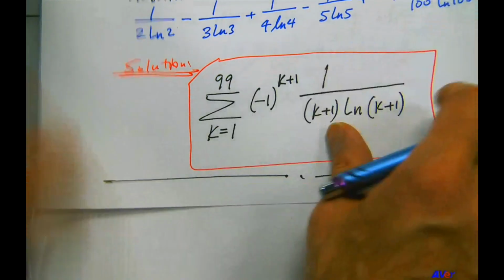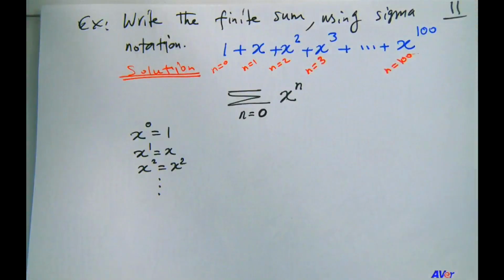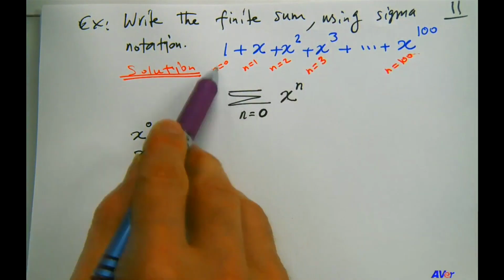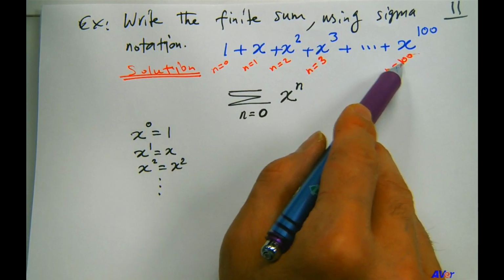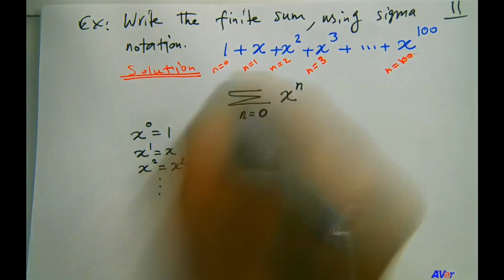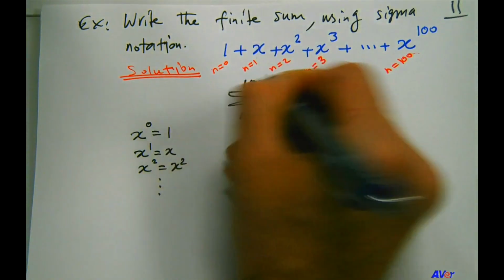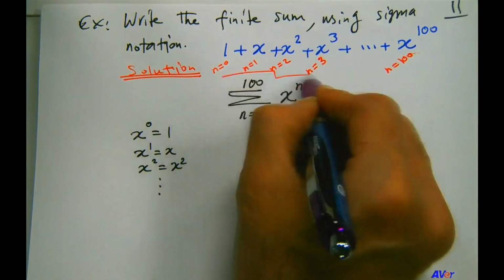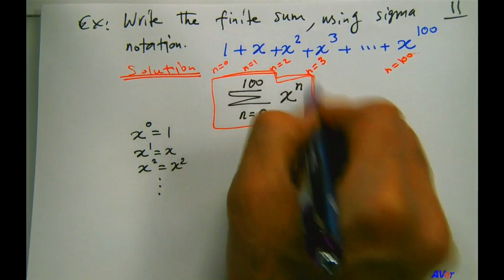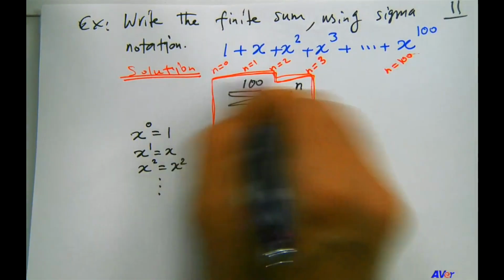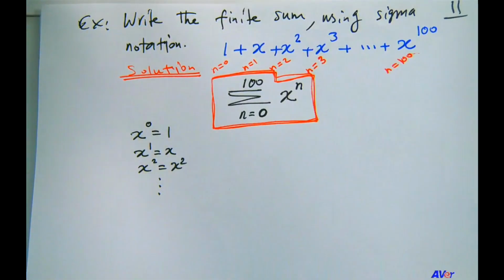But here it has to start from 0 and go all the way to the upper bound, 100. So let's complete the formula like that. This is how we reason about finding the partial sum formula for that series.